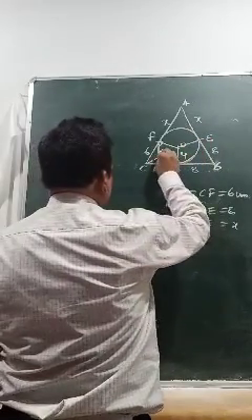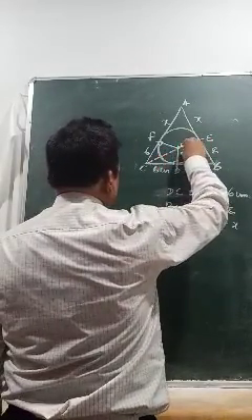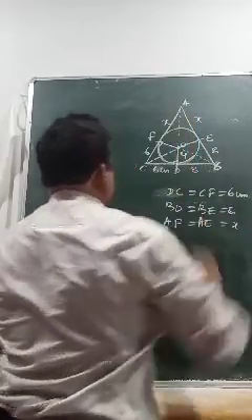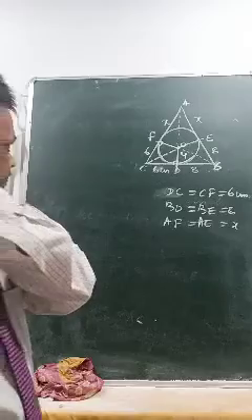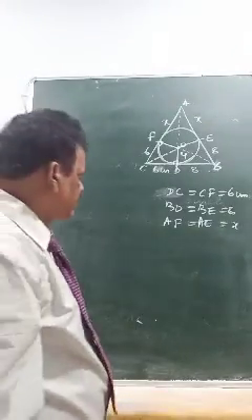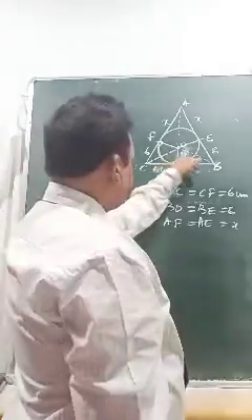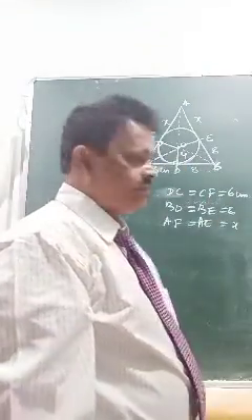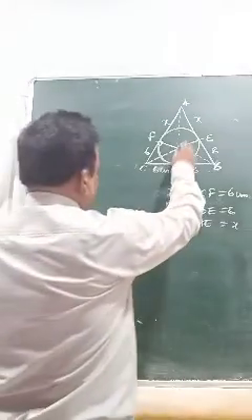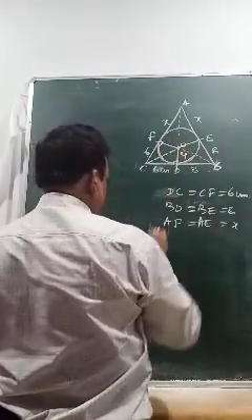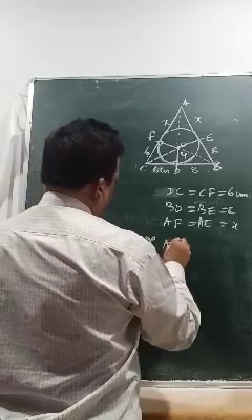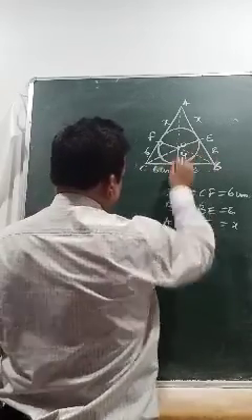Okay, now if you join this, what shall I get? Look at 3 triangles you are finding. Okay, now tell me, because radius is perpendicular to tangent, what is area of BOC?